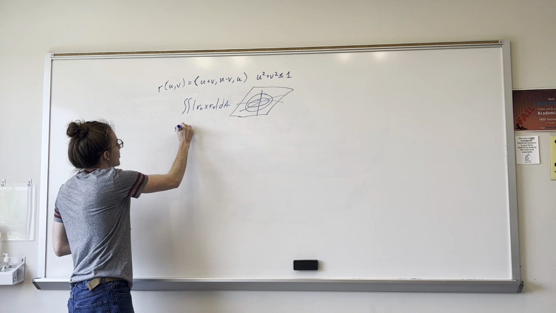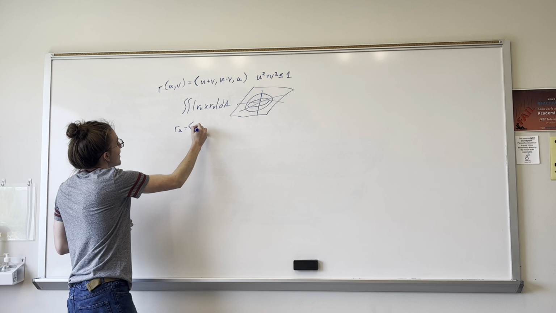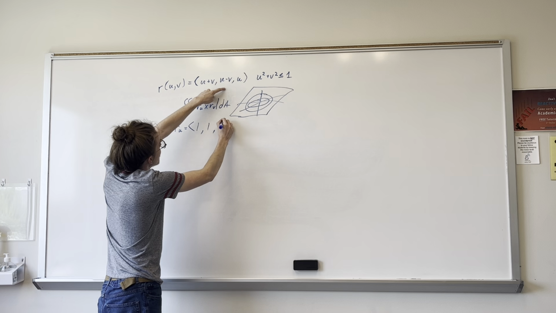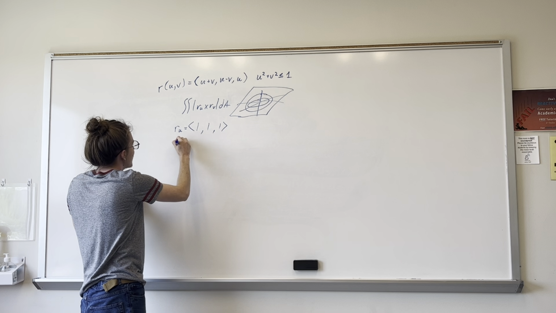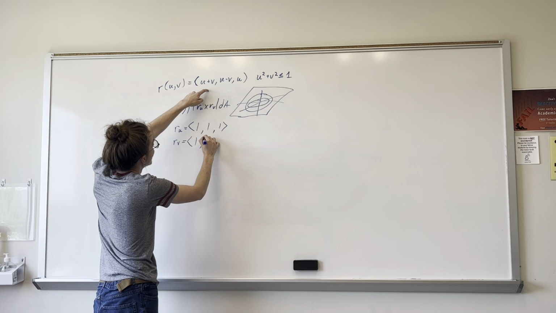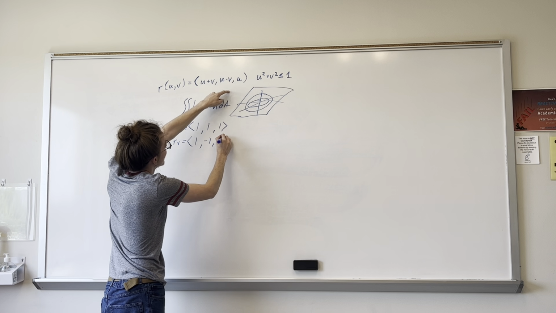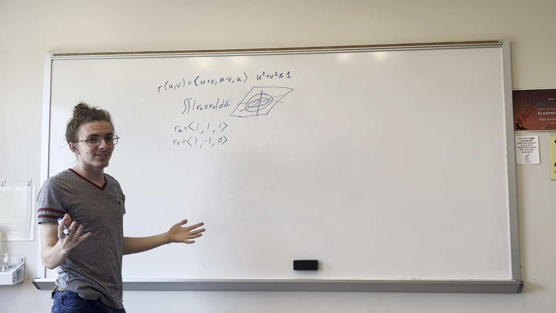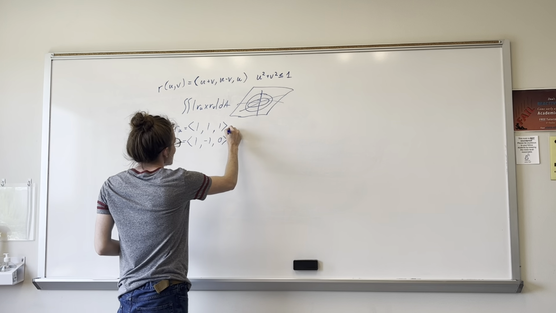So r of u is 1, 1, 1. R of v is 1, negative 1, and 0. And then we just start crossing, the best part of math.